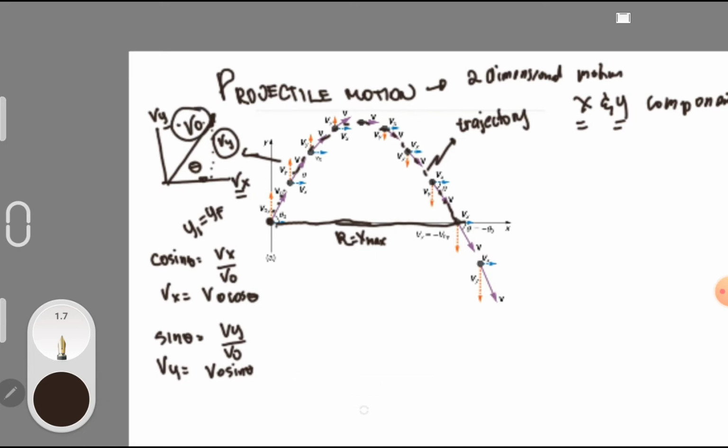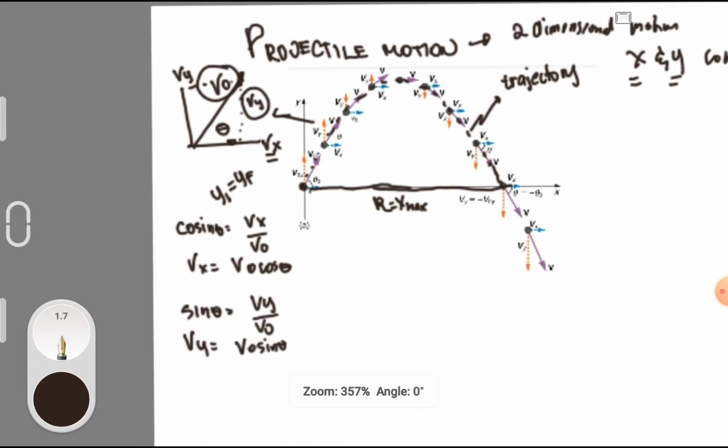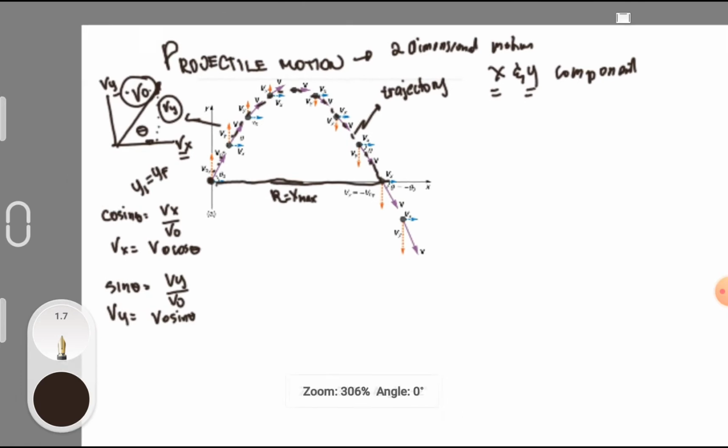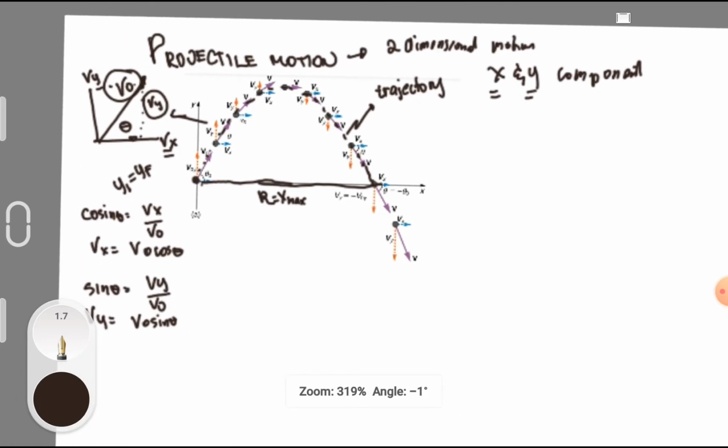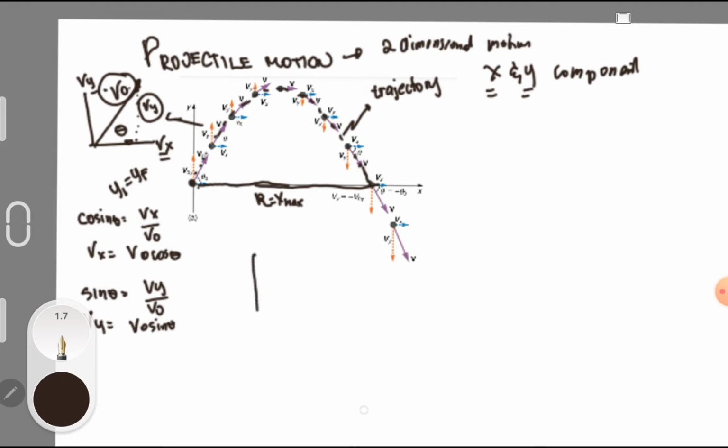So, next is your acceleration. As I have mentioned, projectile motion is the motion of the object thrown or projected into the air subject to only the acceleration of gravity. So, do we have ax and ay? Your acceleration is a vector quantity. Let's say this is your acceleration, a0.